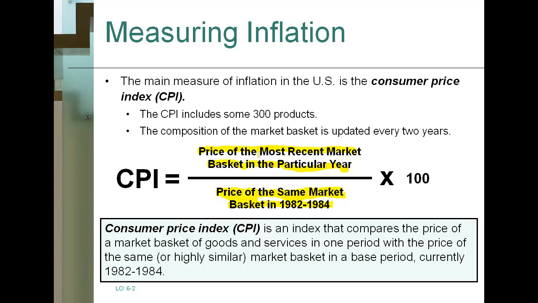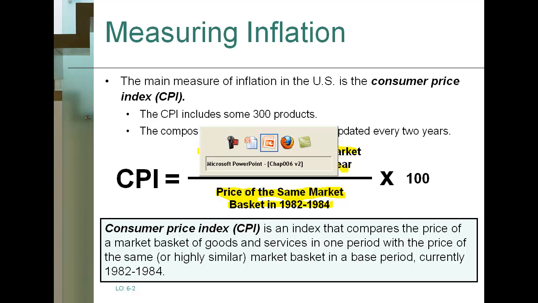So the numerator could be whatever year you're in, say 2012, but the denominator always stays the same. That way, as the numerator changes, you have a constant base year price as your denominator. Okay? Let's take a further look or examination of what CPI is.